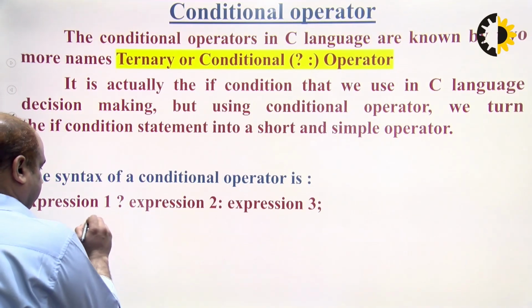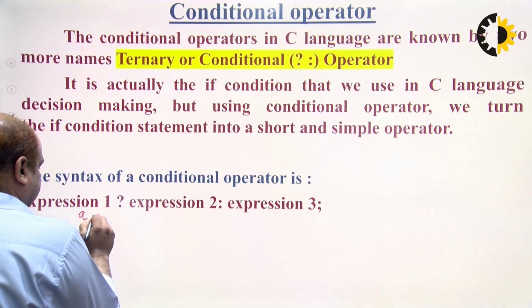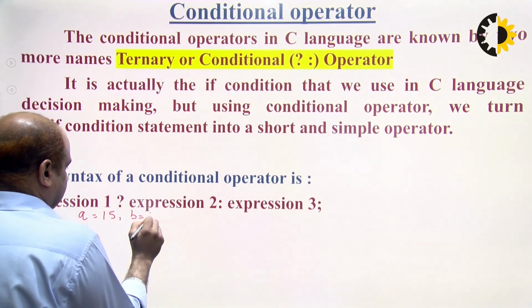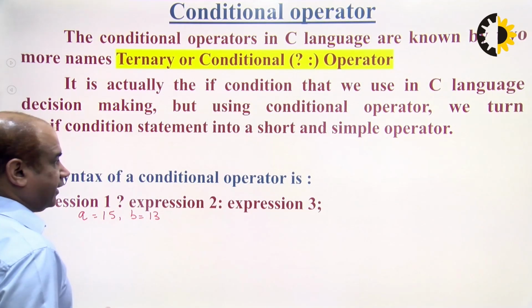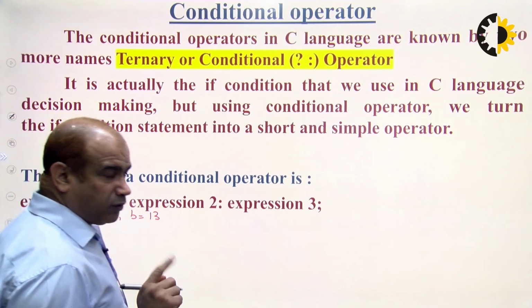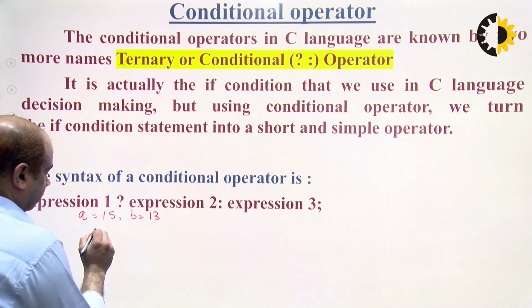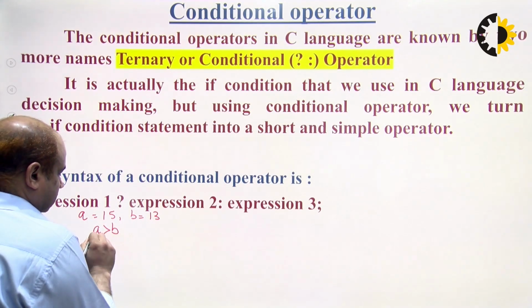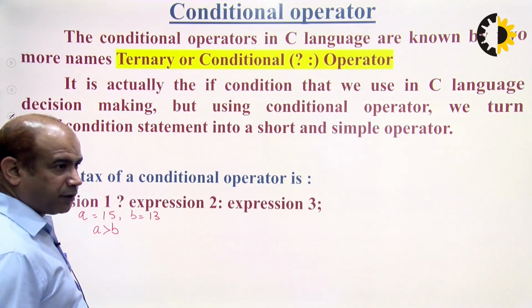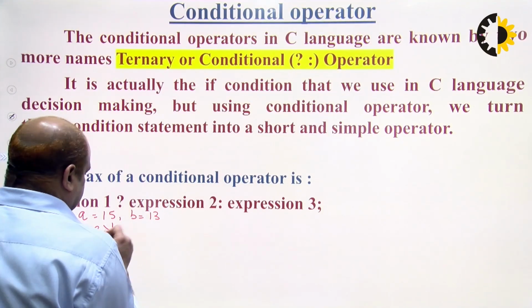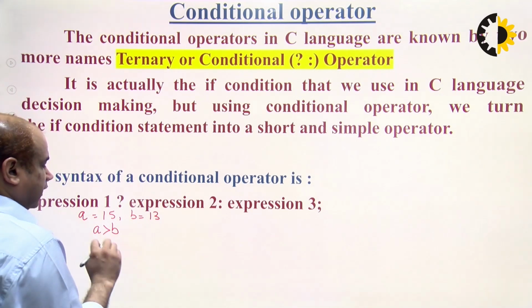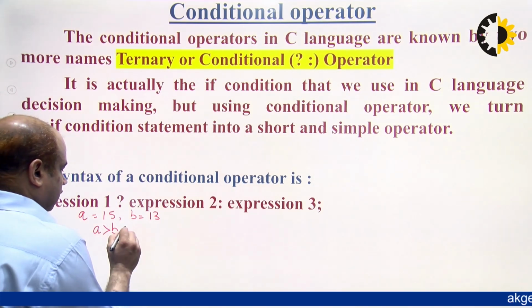So I am taking the value of A as 15 and the value of B as 30. We can write the conditional operator in two ways. Number one, if I write A greater than B, it will be either true or false. In this case, A is greater than B, which is false.